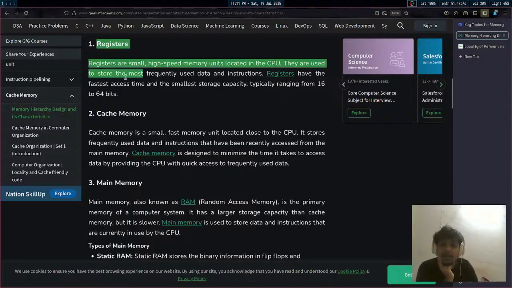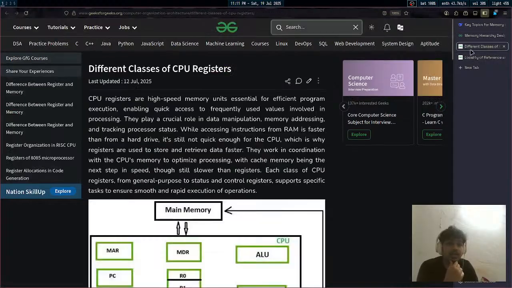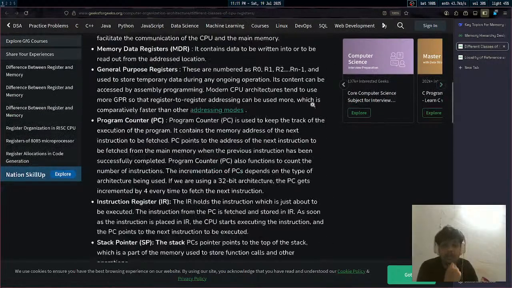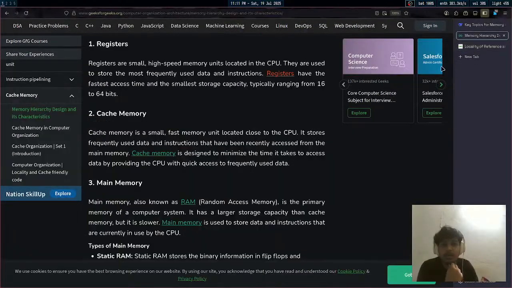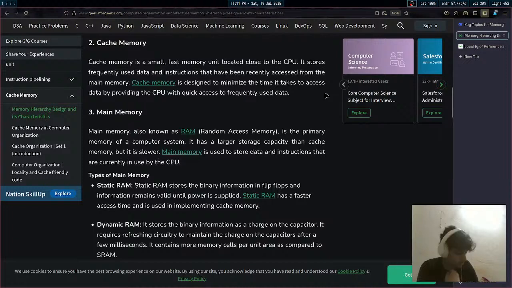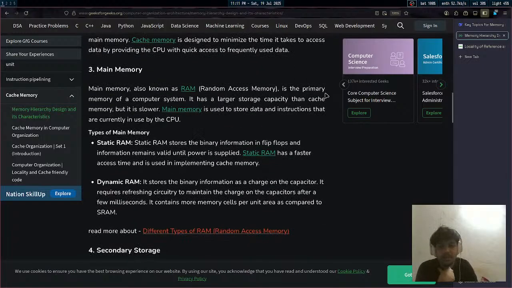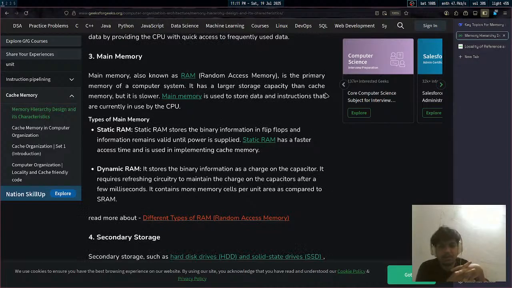Registers, yeah, this is not really that big of a deal. It's something I would expect. I don't think they are going to ask something in too much depth about how these registers are implemented, but I think this should be enough. Cache memory, again I will be reading cache soon enough in much depth, so that is fine. Main memory, yeah, I know the difference between SRAM and DRAM.